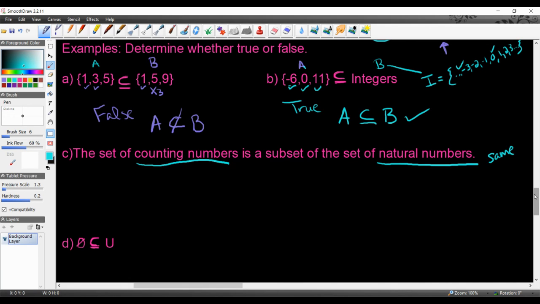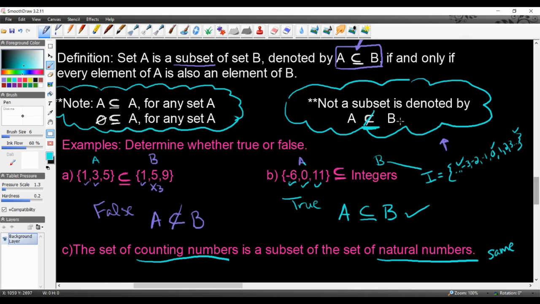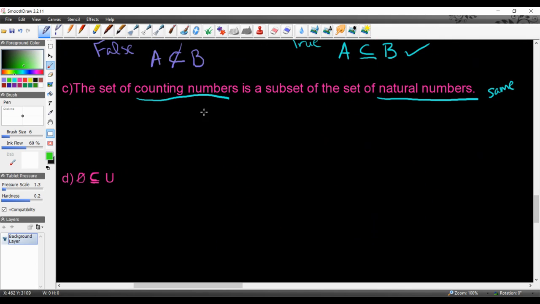So that means that we're going to use this definition right here. Let me kind of highlight it a bit. This definition right here, where one set is a subset of itself. Okay, so in this case, this would be true. This would be kind of like your A. This would also be A because they're the same exact thing. So A is a subset of itself.